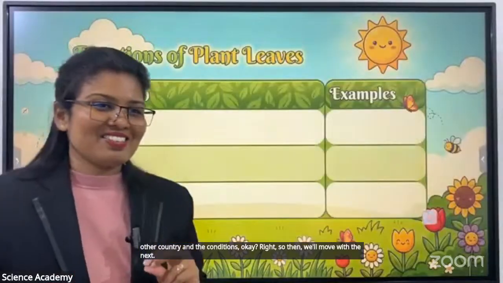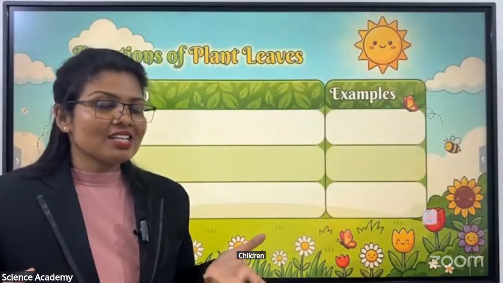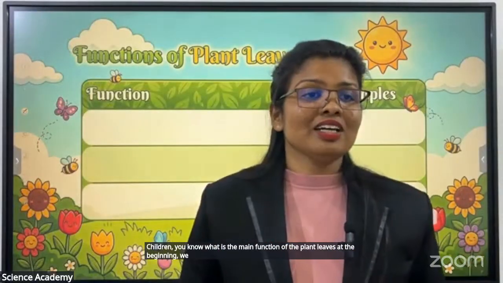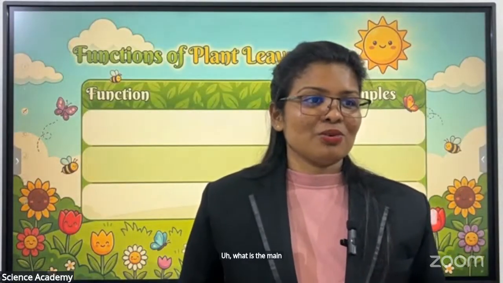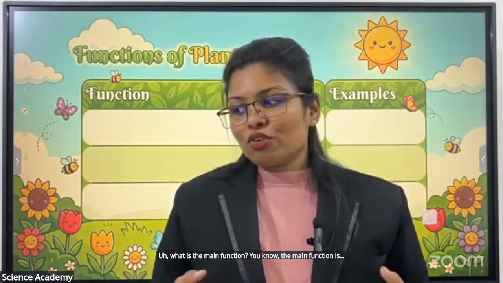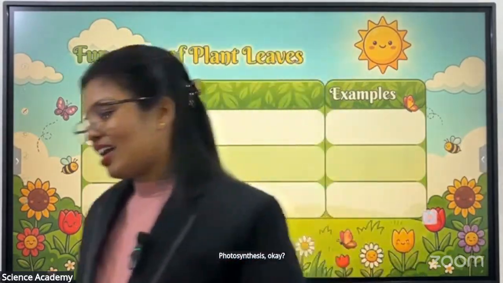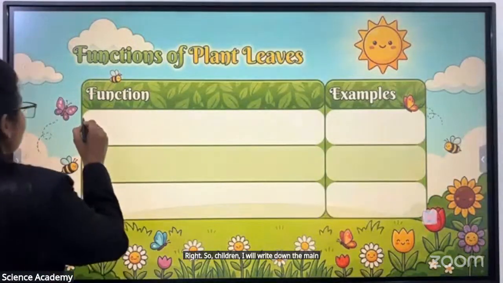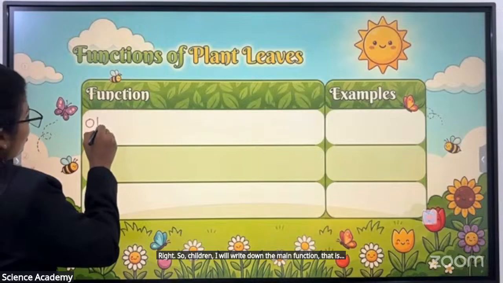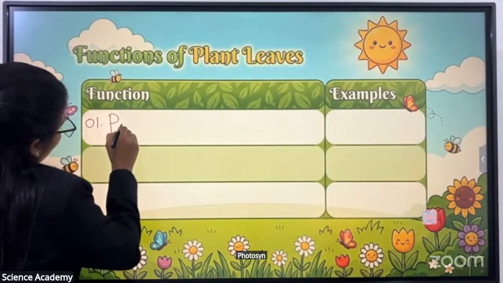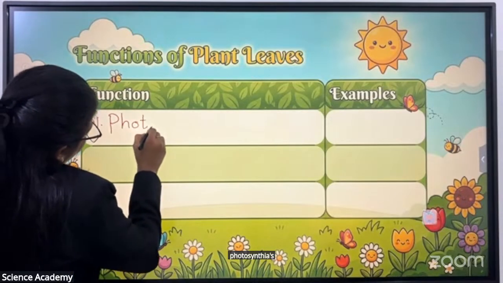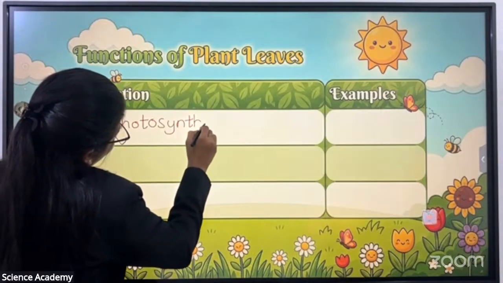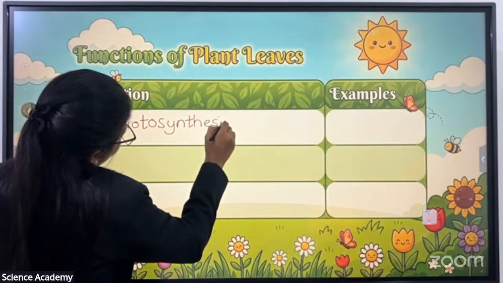Functions of plant leaves. Children, you know what the main function of plant leaves is. At the beginning, we discussed what the main function is. You know the main function is photosynthesis. Okay, right. So children, we'll write down the main function, that is photosynthesis. Photosynthesis. Right?